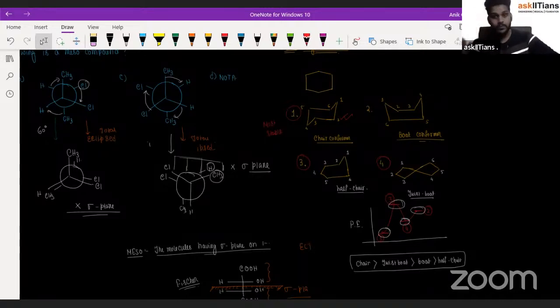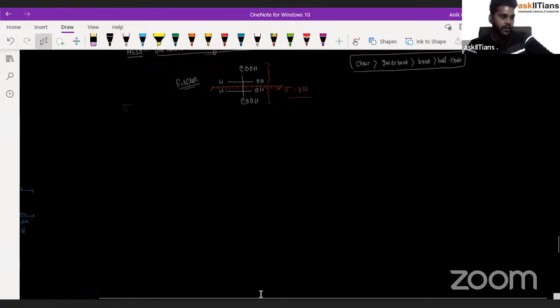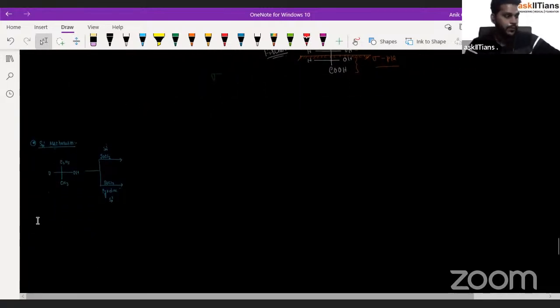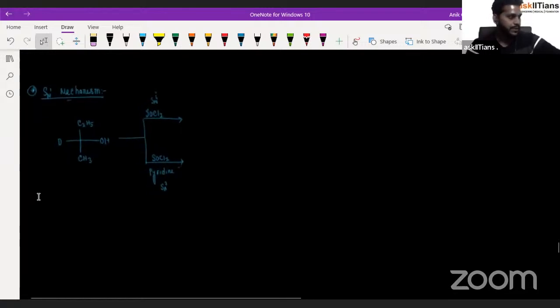As I was saying, in the last class we talked about all those conformation analysis topics. Today we'll be talking about the different types of name reactions.